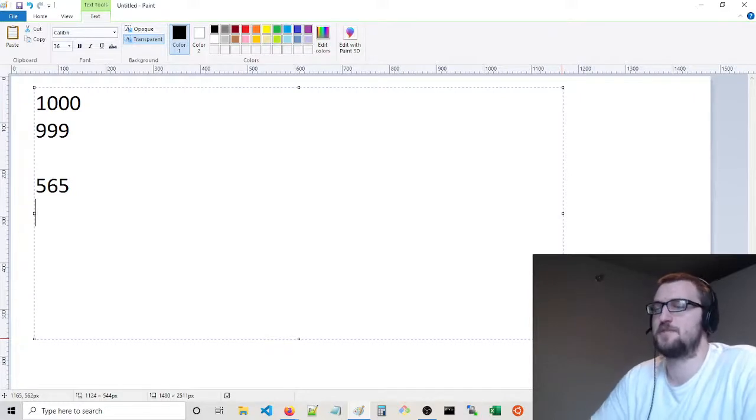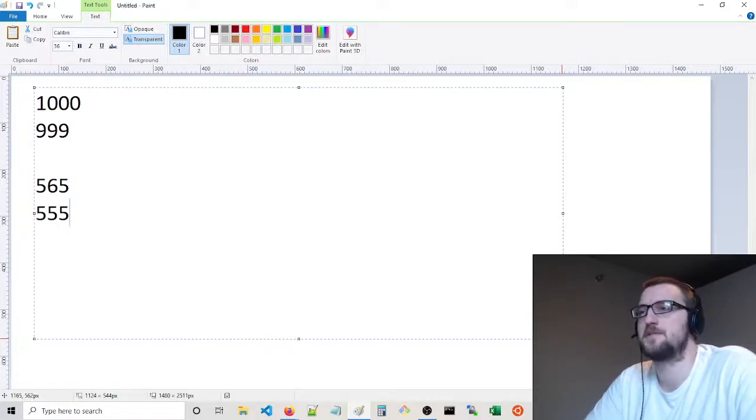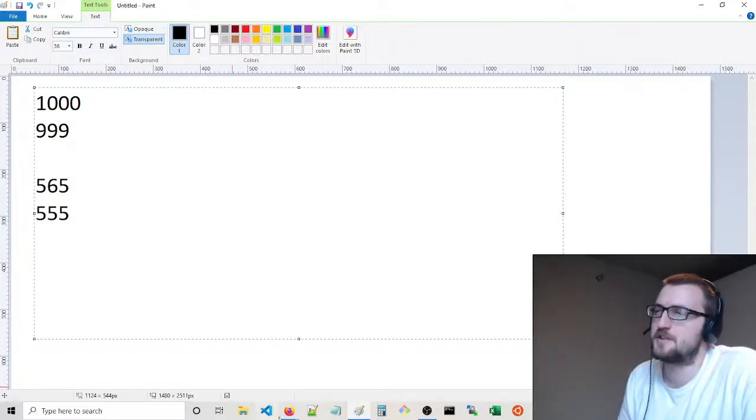So we can take 5, because 555 is less. Can we use 6, or any number in between? Any number between 5 and 6 is the same deal. We can't do 566, that's not smaller, so it can't be 6. We can only do 5 here, so 555 is the best we can do. I think that's the general algorithm, and it's relatively straightforward, not too bad.